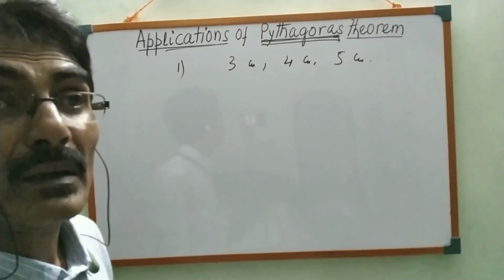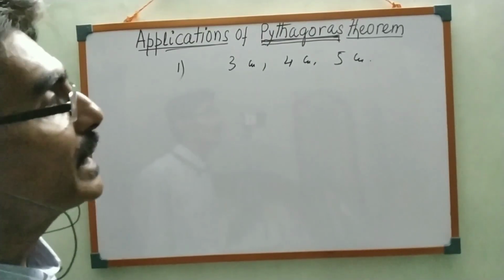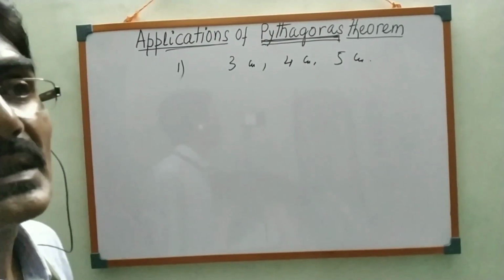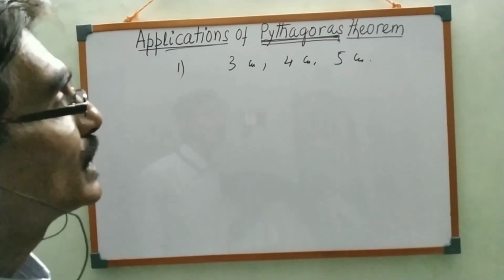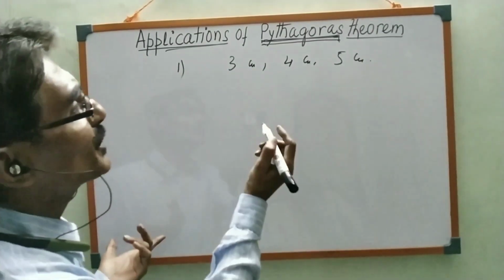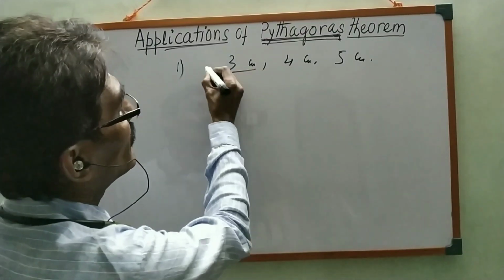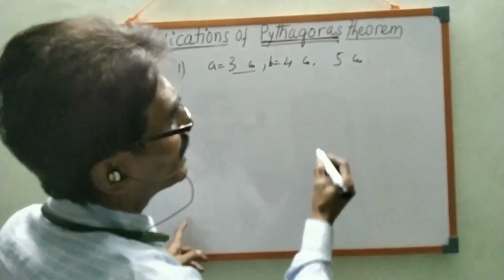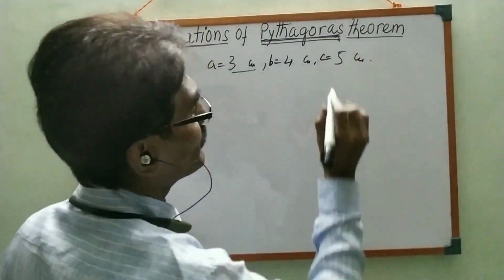If it is right angle triangle, then also you have to say which side is hypotenuse. How to test? First you can give the name. Let the first side is A, second side is B and third side is C.